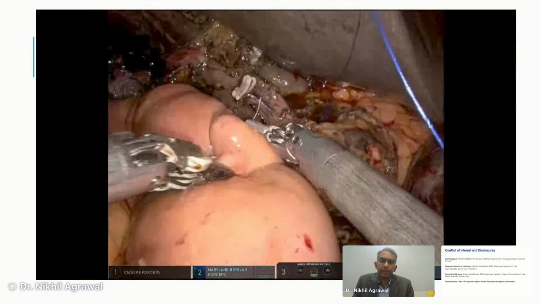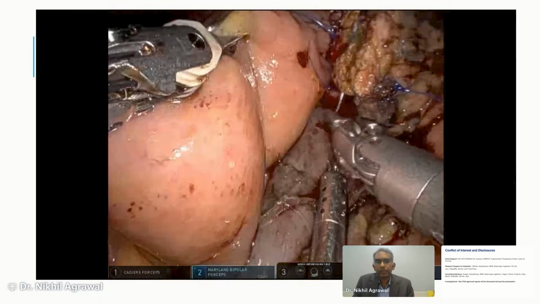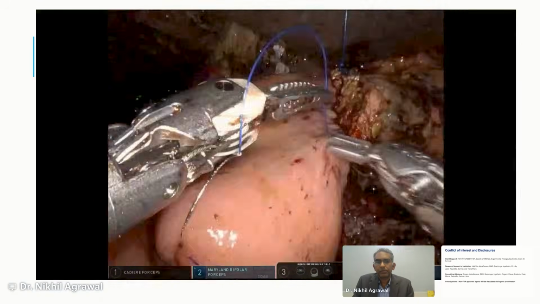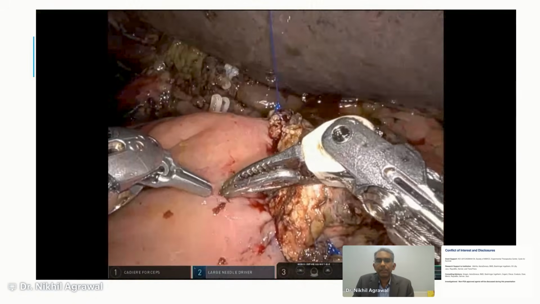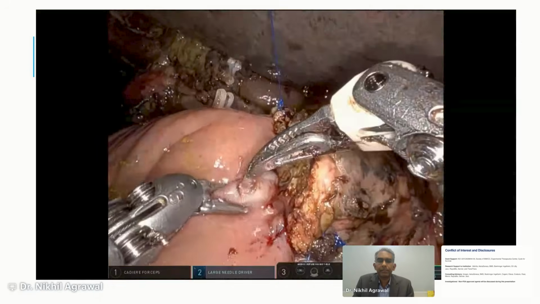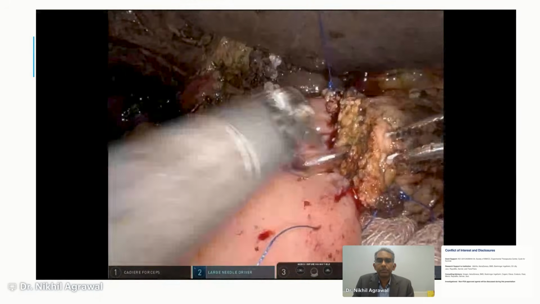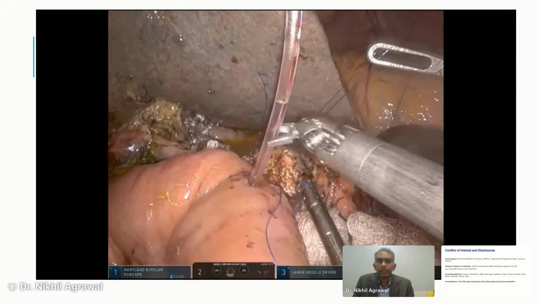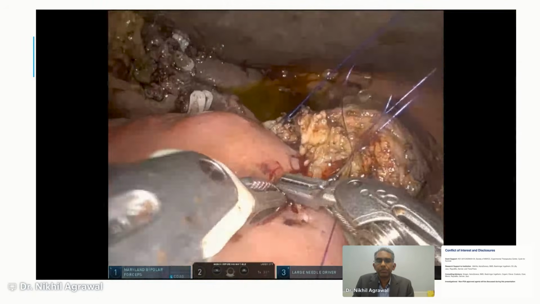So this is the pancreaticojejunal anastomosis. The posterior layer has been completed. This is the pancreatic duct, and this will create an opening in the jejunum. We're just checking with an infant feeding tube.